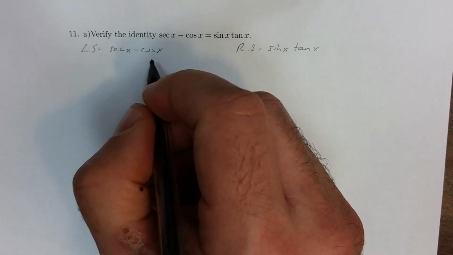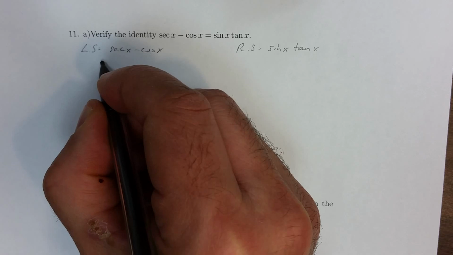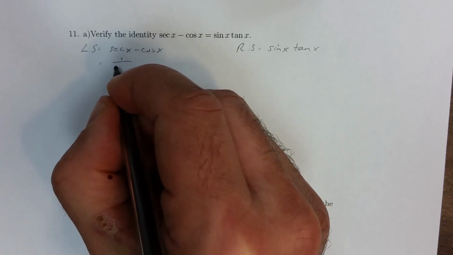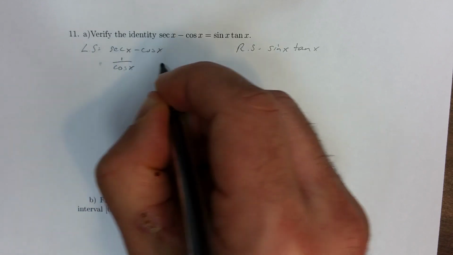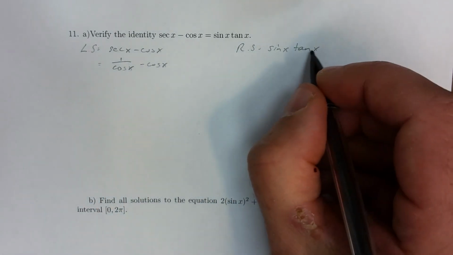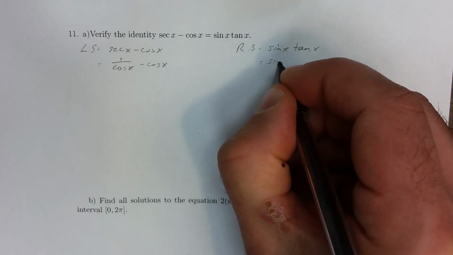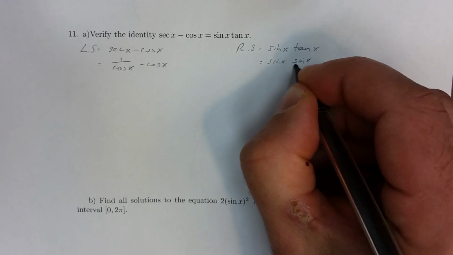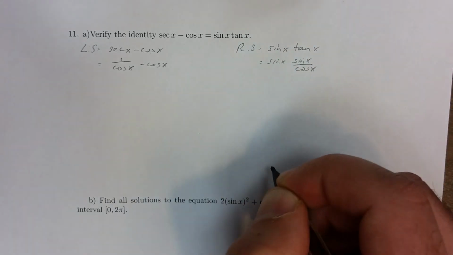And I'm just going to change the whole thing into sines and cosines right now. So secant of x is 1 over cosine of x minus cosine of x. And sine x times tan x, that's sine x. Tan is sine over cosine. So sine x over cosine of x.